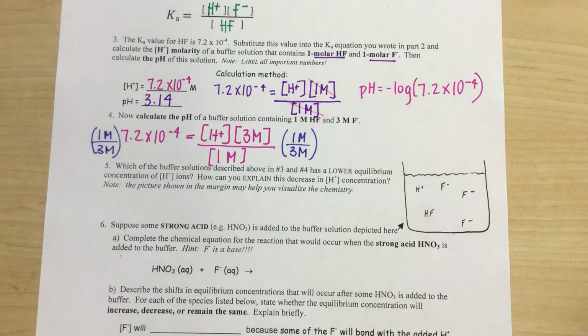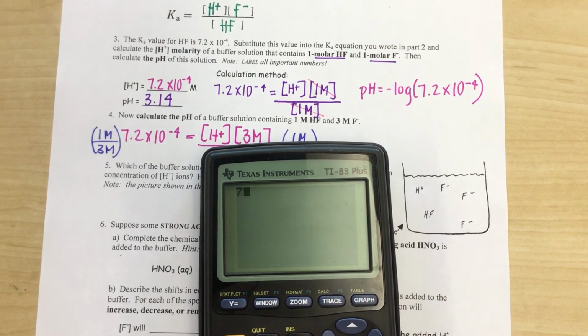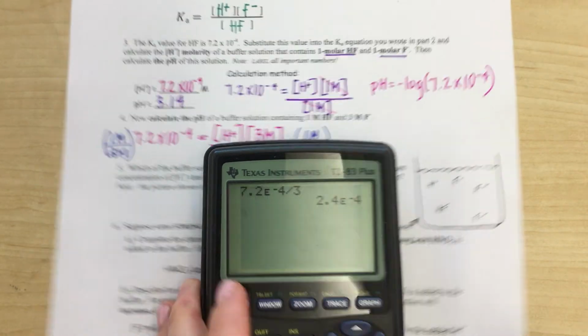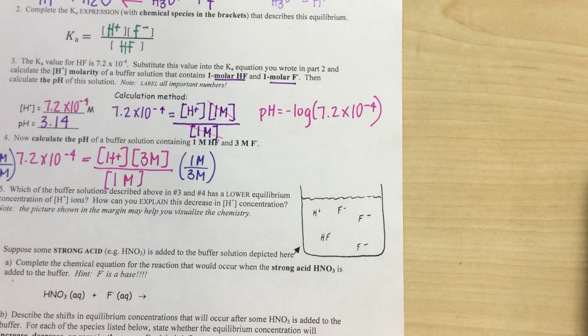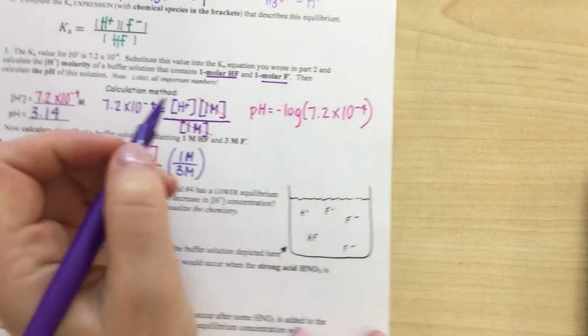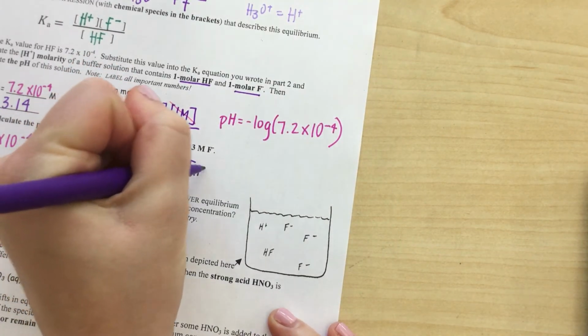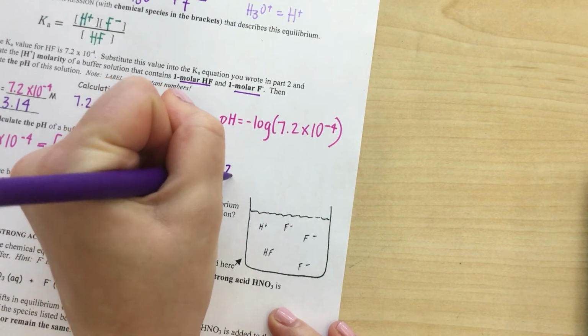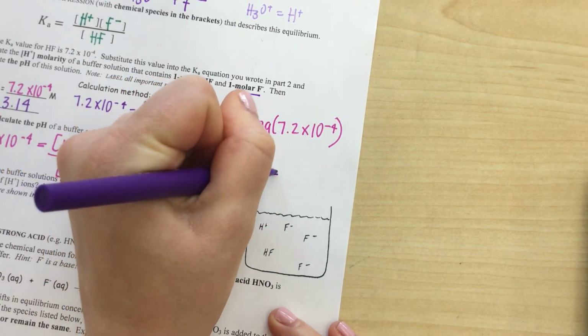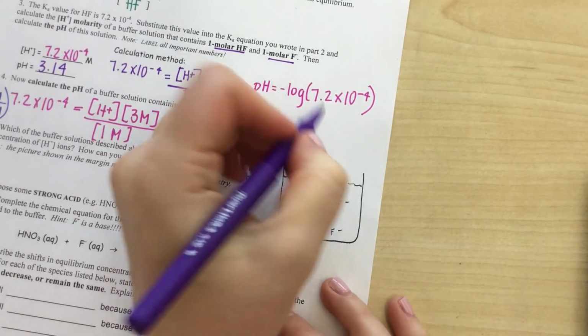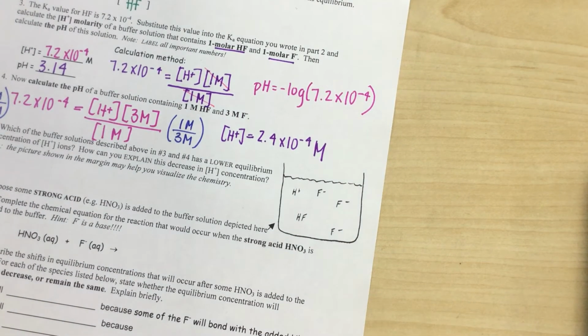So we do 7.2 times 10 to the minus 4 divided by 3. And we get 2.4 times 10 to the minus 4. That is our concentration of H plus.